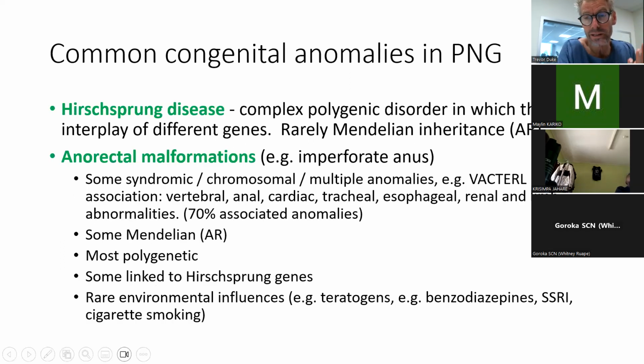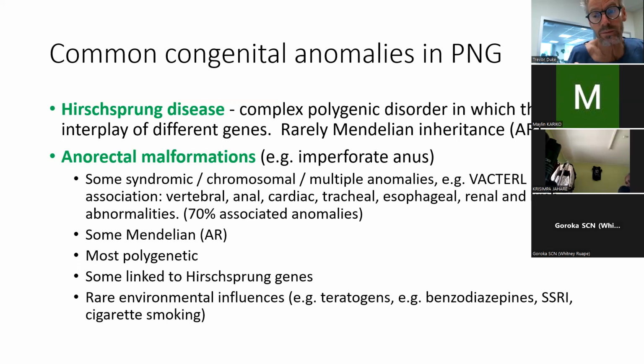So we talked about Mendelian inheritance, where there are single gene defects. I just want to point out that the majority of conditions that we see as congenital problems in PNG are actually not single gene defects. They're mostly polygenic disorders, which are caused by an interplay of different genes and the environment, and sometimes teratogens, but not always.